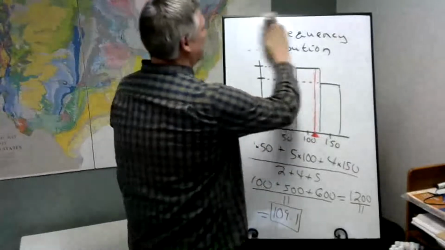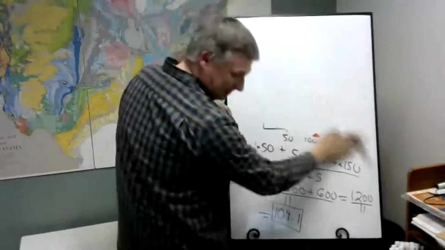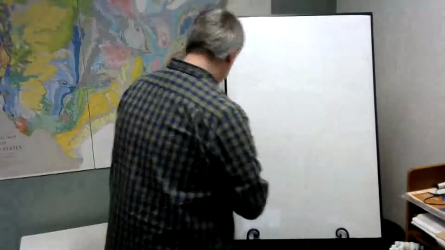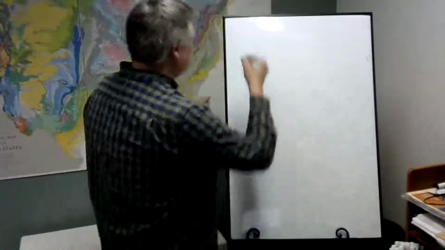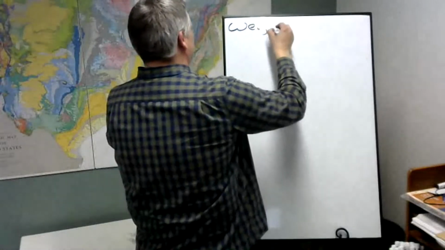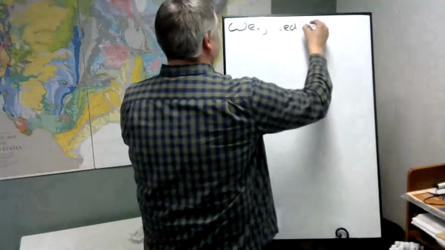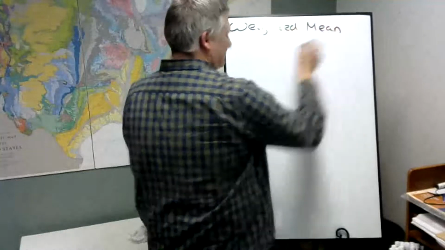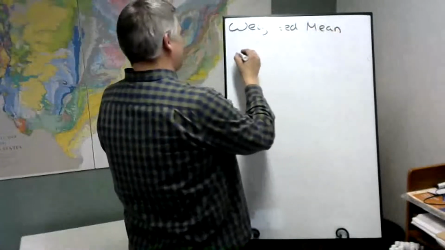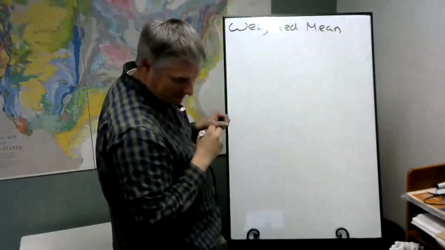The last one we're going to look at is the weighted mean. In the way we do this one, we're going to have different weights.